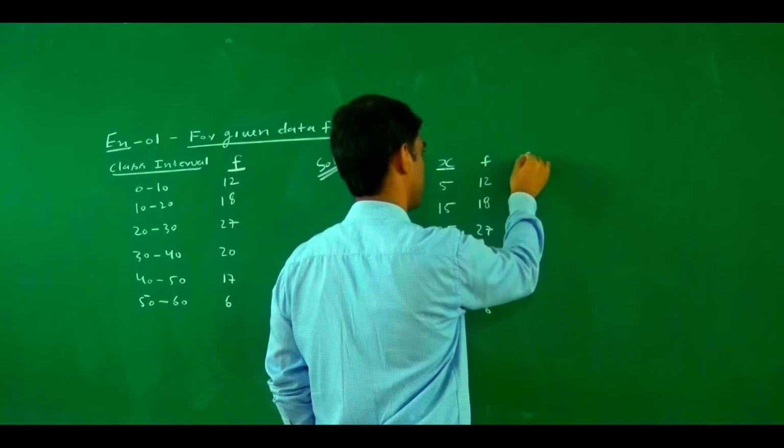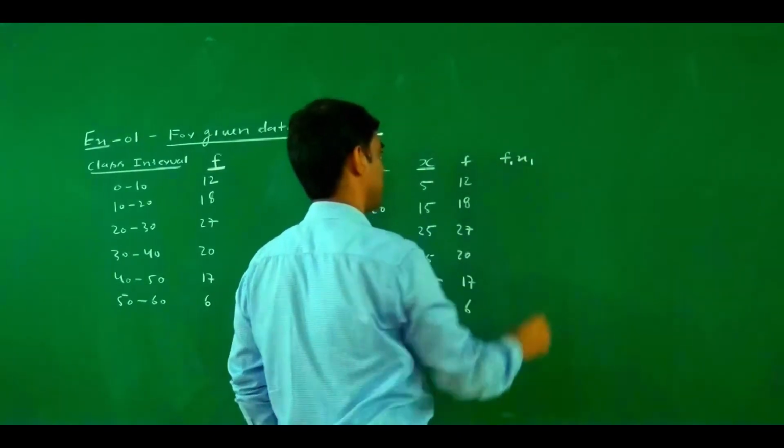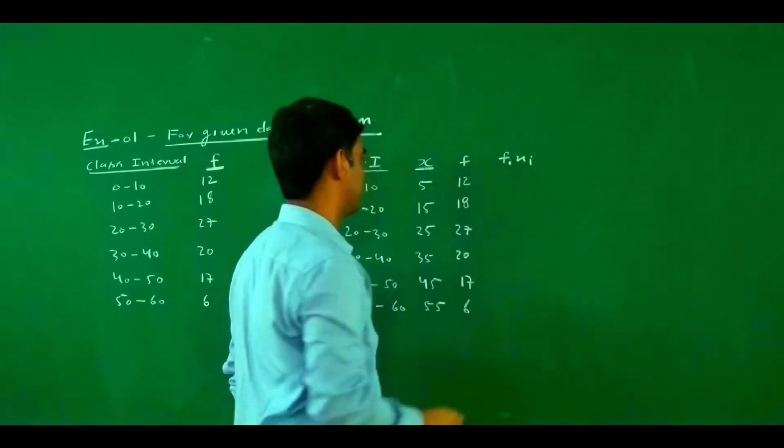Next we find fi xi. fi xi is the product of f into x.